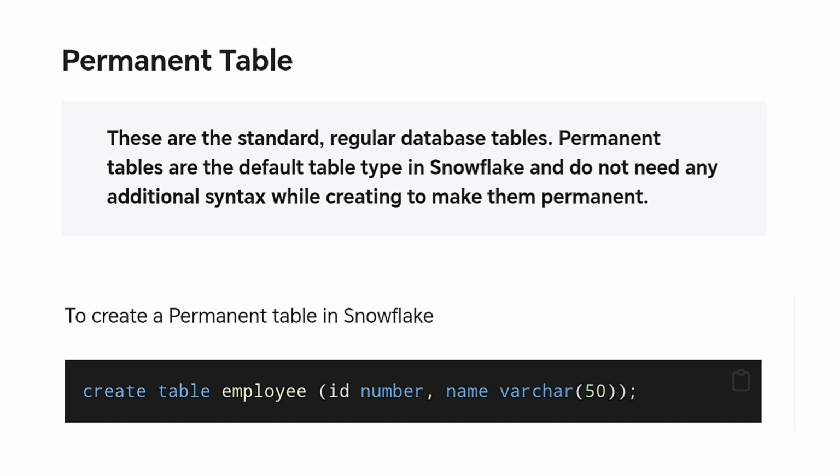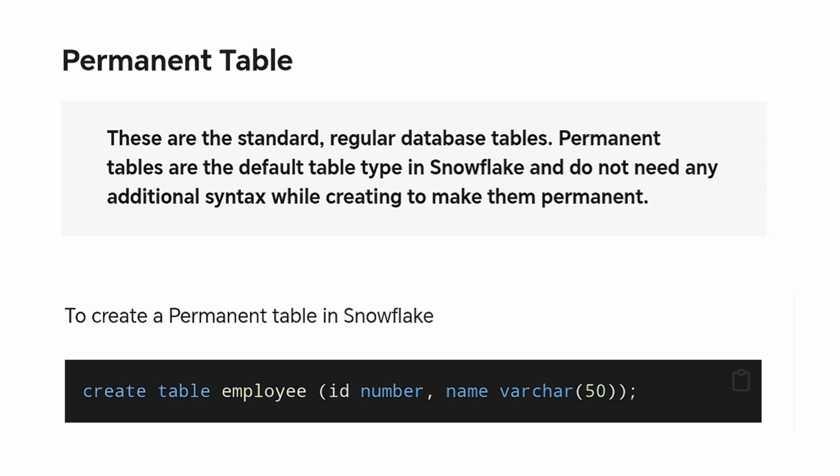If your most critical data just vanishes, you need that guarantee. You need to know Snowflake can help bring it back, whether it was just a small user mistake, someone dropped the wrong rows. Covered by time travel. Or if it was some massive unforeseen catastrophe impacting the platform itself. Covered by fail-safe. So the syntax, like we said, it's the default. Super simple. Just create table employee, with an id number and a name varchar, no frills needed.